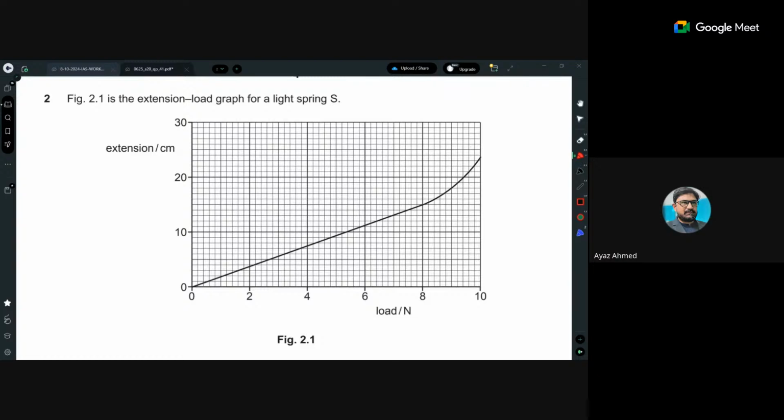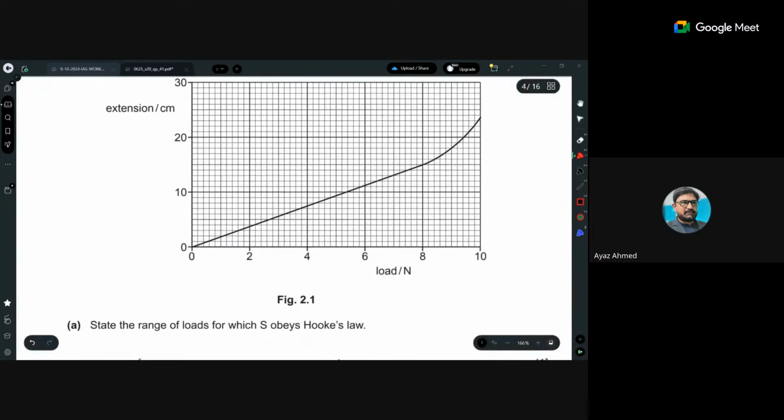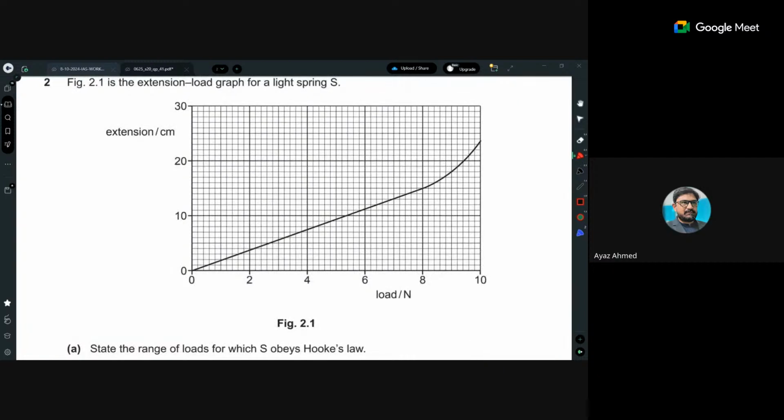Figure 2.1 is the extension-load graph of a light spring S. Okay, extension-load graph, so it starts from 0, 0. If it were a load and length graph, it would never start from 0, 0. So this is its beauty, that it starts from 0. And this is straight till this point.